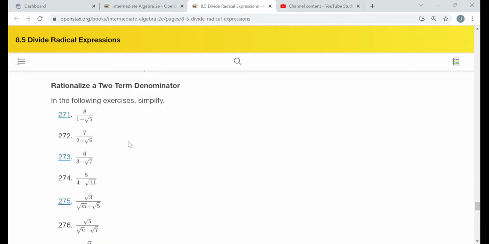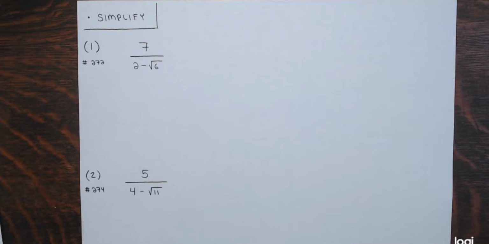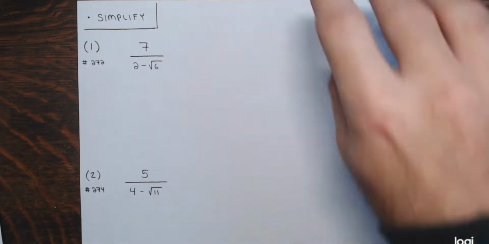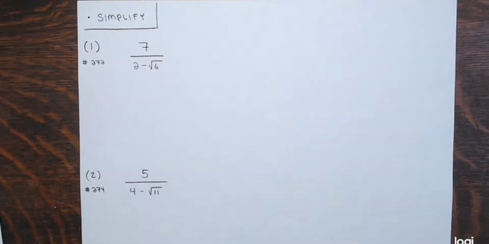The first question will be exercise 272. I've got them written down. We're asked to rationalize the denominator and simplify. Hopefully you recall, if you've been watching my other videos, I did a video on rationalizing a one-term denominator.